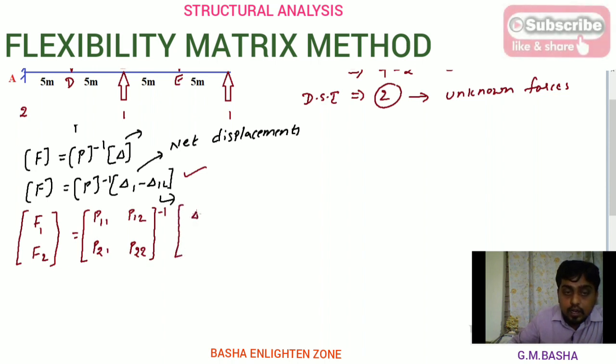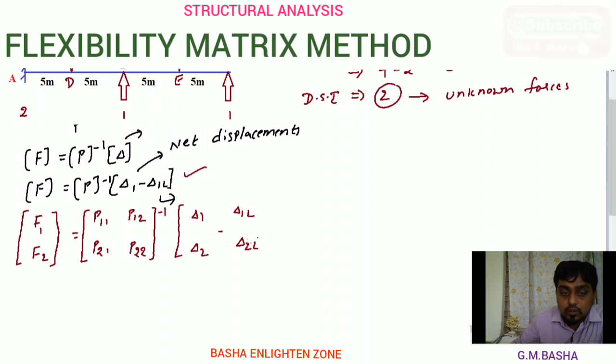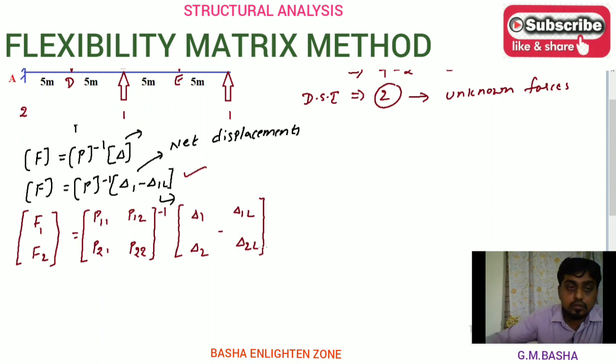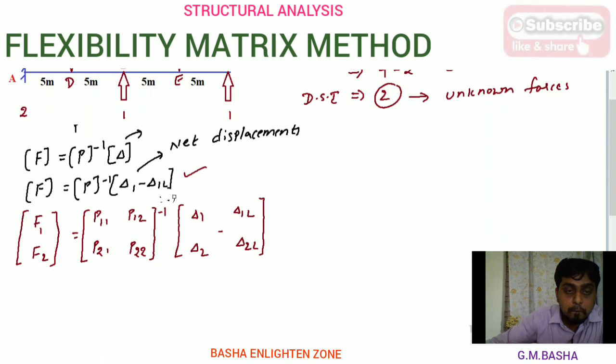Again, delta 1 minus delta 1L, similarly delta 2 minus delta 2L. See here, this is your 2 by 2 matrices formula.